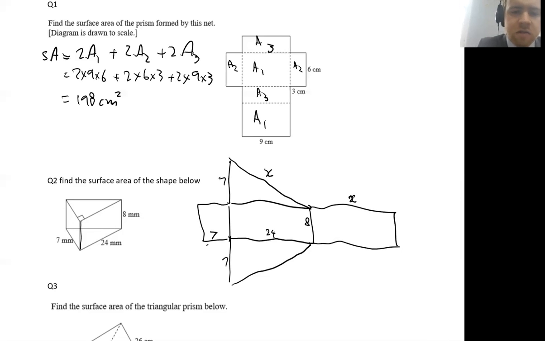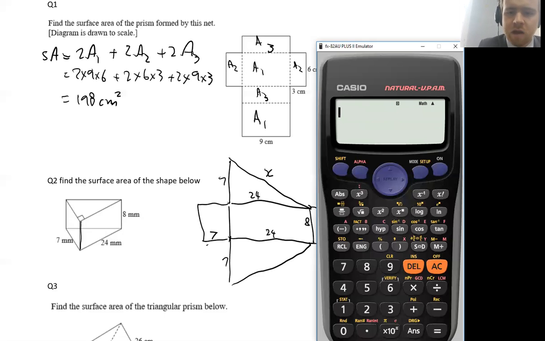And to find this value here, I'm going to have to use Pythagoras' theorem. So I know that x squared is going to be 7 squared plus 24 squared, which means that x is going to equal 7 squared plus 24 squared, all square rooted. And then when I put that in my calculator, I'm going to get my value of x.